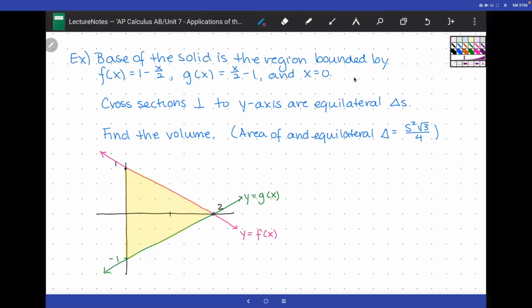Okay, this time cross sections are perpendicular to the y-axis. So which way do I draw my rectangle? Yeah, horizontally. You can draw it anywhere in the picture. I'm just going to draw it here. So there's the bottom of the triangle, and I'm just going to draw a triangle here.